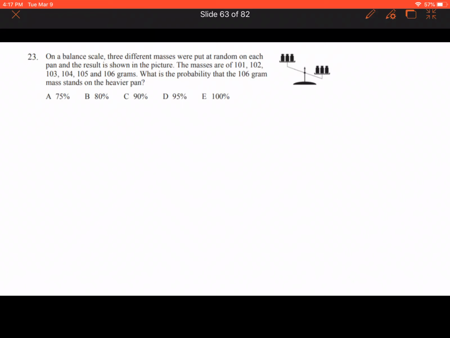So first we'll find the total mass, which is going to be 101 plus up to 106, that is 621 grams.